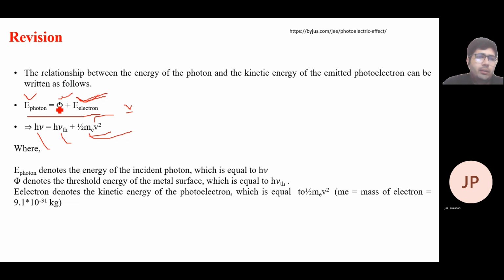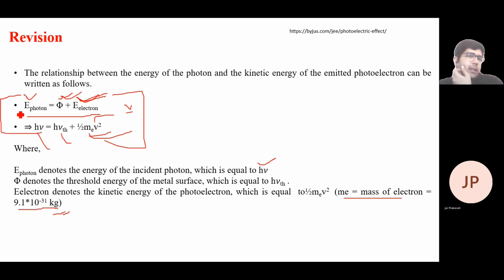Phi is the minimum threshold energy required for the metal surface, and E photon denotes the energy of the incident photon, which is equal to h nu. The mass of the electron is 9.1 into 10 to the minus 31 kg. So from this equation, if we know phi for a particular metal and the photon energy, we can find the kinetic energy of the electron.